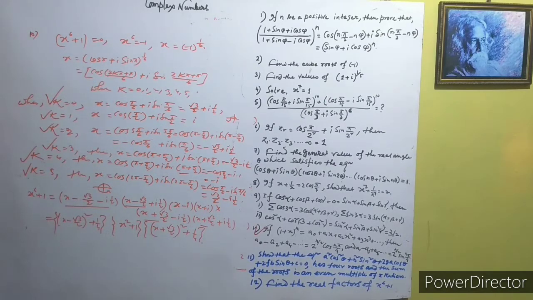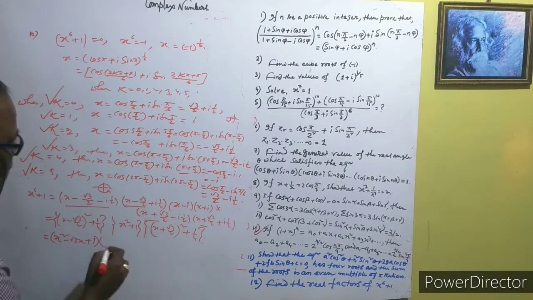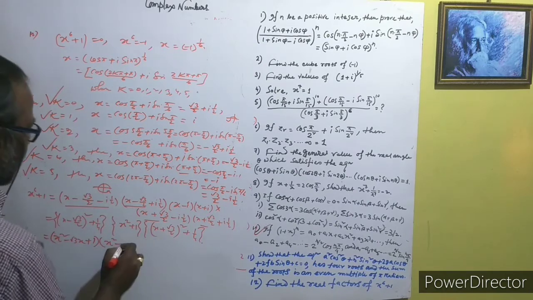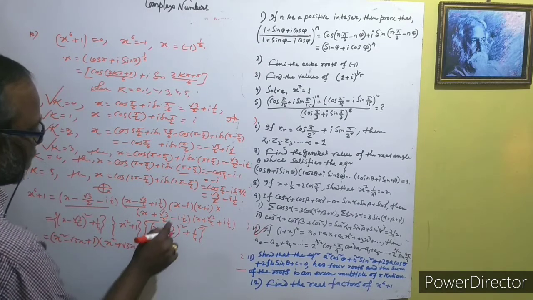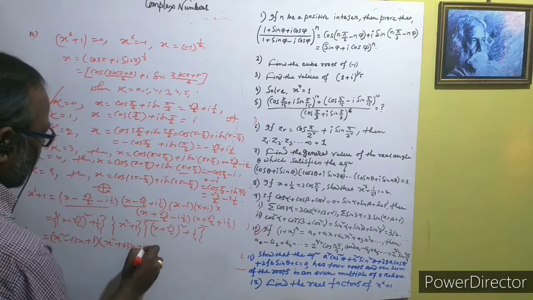See carefully, this is a 3 factor, and it can also be simplified like that. Now x square, 2ab gives root 3 x, and 3 by 4 plus 1 by 4 is 1. Simplifying this factor, we get x square plus root 3 x plus 1.